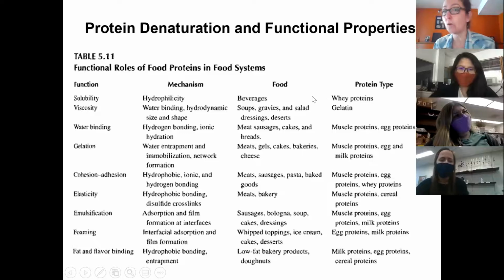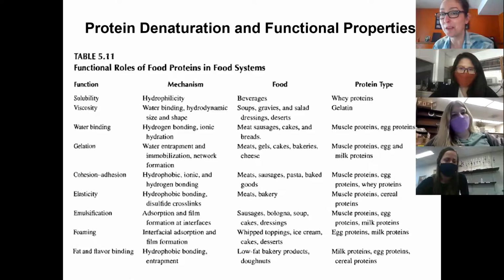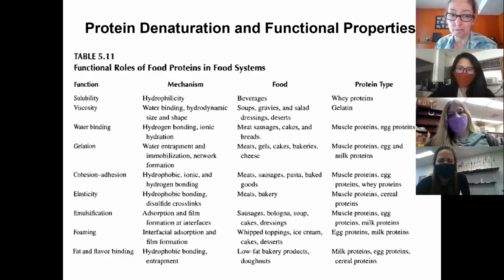Of course, this is an old table because it doesn't show any of the new plant proteins that are emerging. But it mostly features the common traditional proteins: whey, casein, gelatin, egg, meat, and cereal protein.